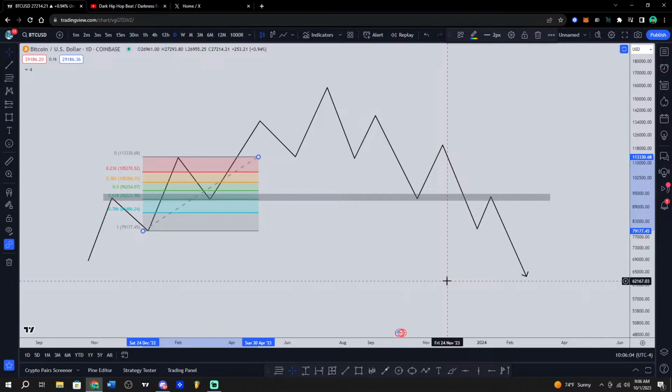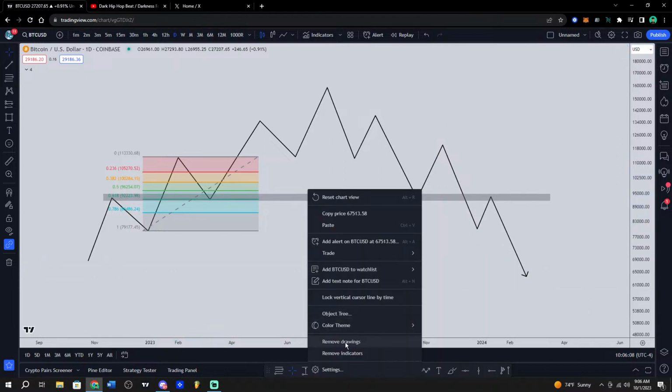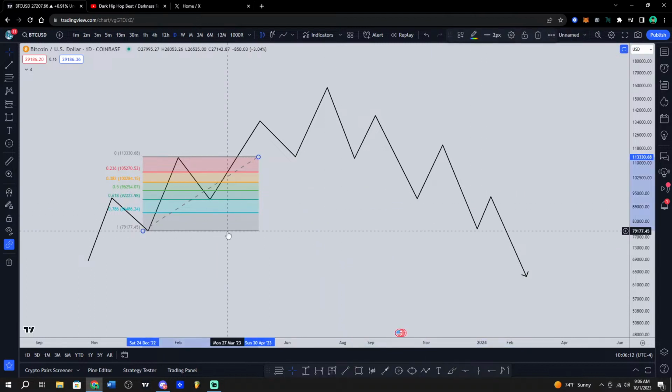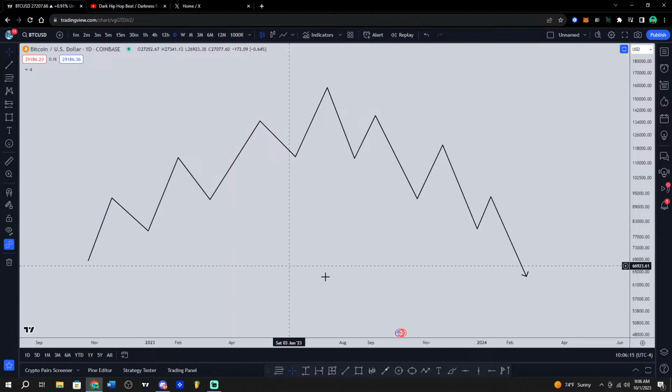So first, let's go over market structure. What is market structure? Market structure refers to the pattern of price movements in a market. It is crucial for traders to identify and understand market structure to make informed trading decisions.